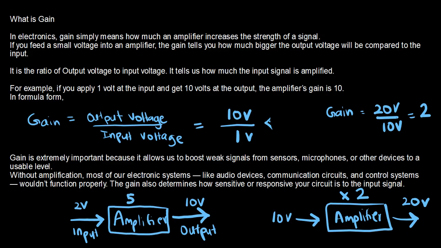The gain is extremely important because it allows us to boost a weak signal from sensors to a usable level. In this case, these 2 volts could be coming from a sensor.